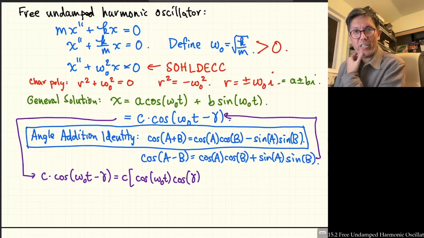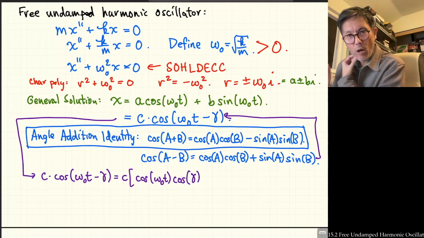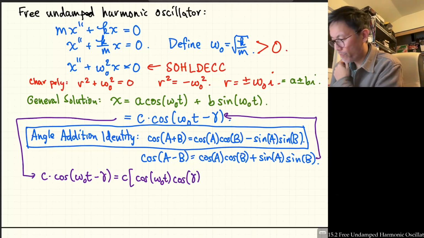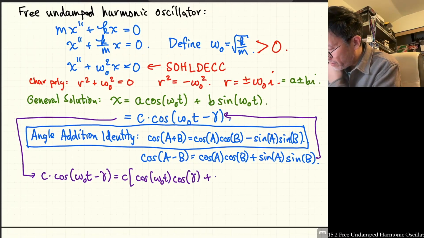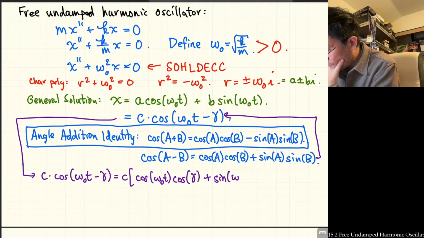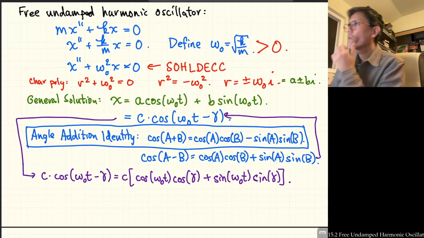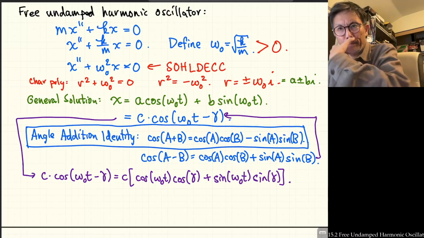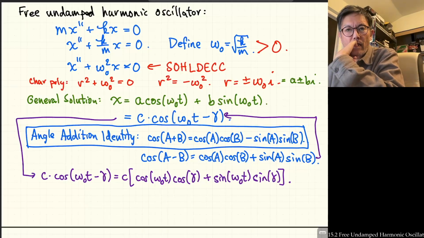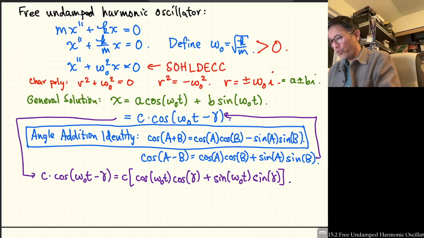Gamma is playing the role of B, and omega naught T is playing the role of A. Plus sine of omega naught T times sine of gamma. Okay? So then I can distribute the C.